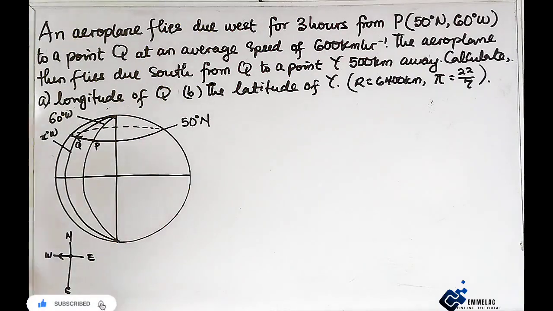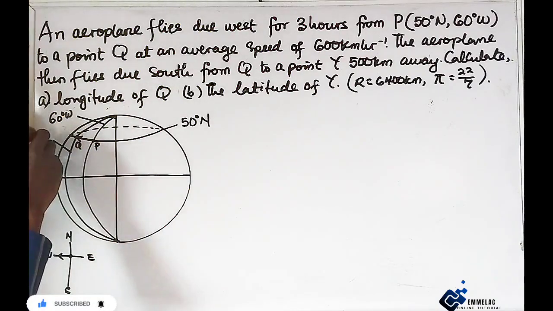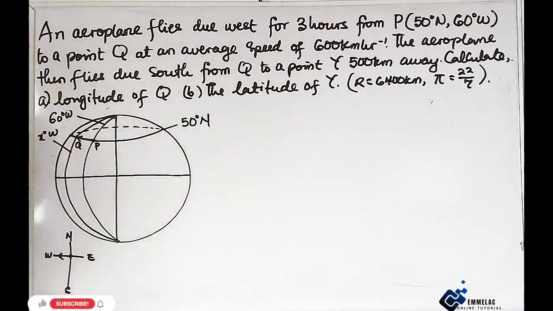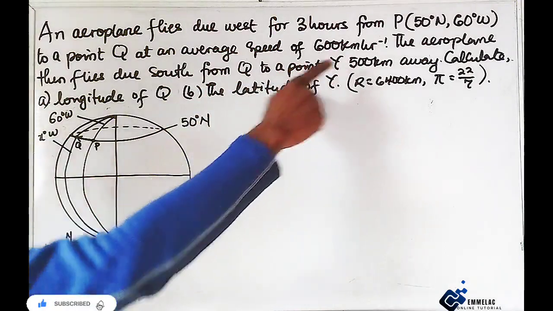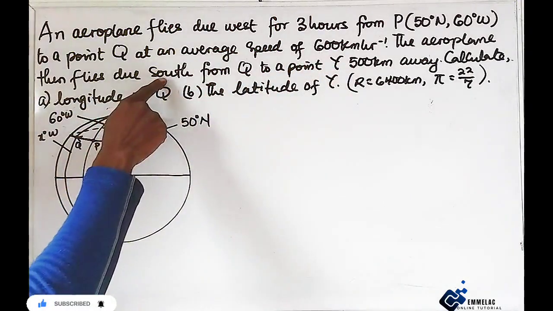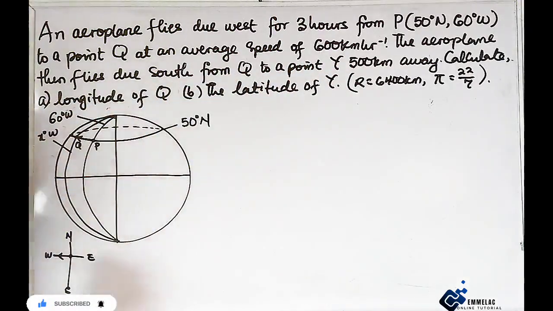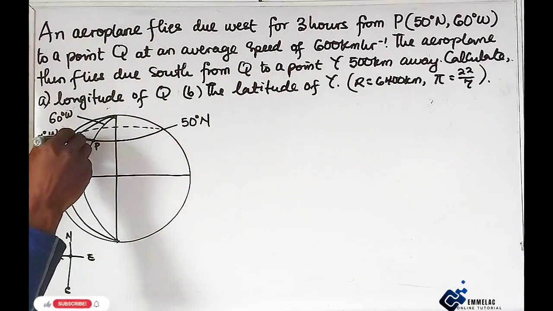Alright, and take note that since both of them are west-west, it means their angular difference, we will need to subtract them. Now just put that in mind. Later the plane flies due south from Q, so from this part it flies due south.